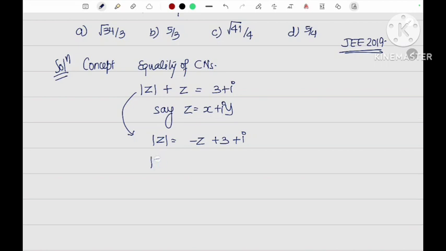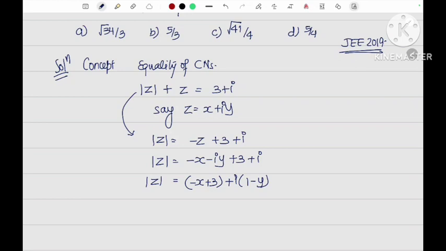So |z| = −x − iy + 3 + i, which is equal to (−x + 3) + i(1 − y), and this is equal to |z|.